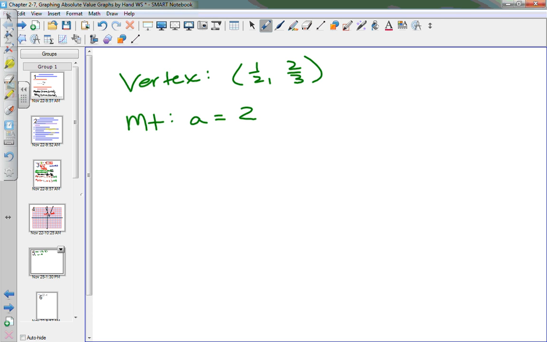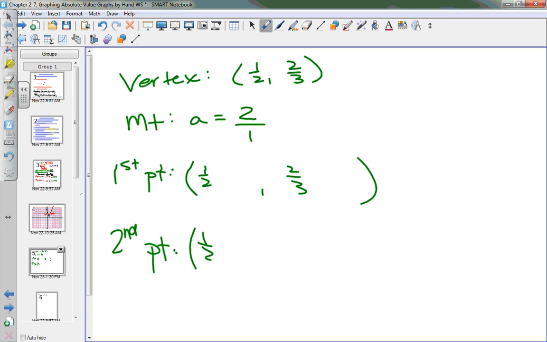So how do I make that? What's the 2 turn into? 2 over 1. So to get my points, I'm going to have to take my vertex, which is 1/2, comma 2/3, right?